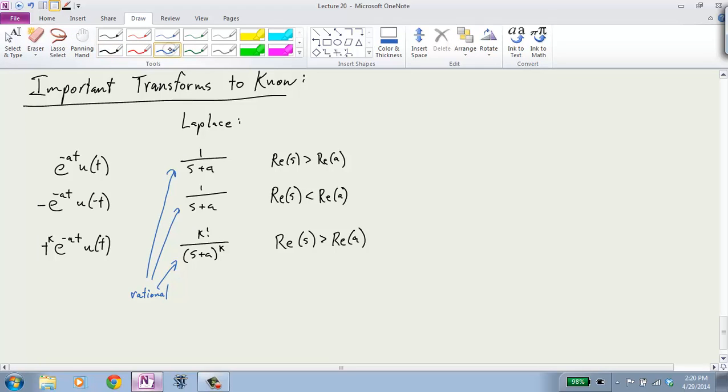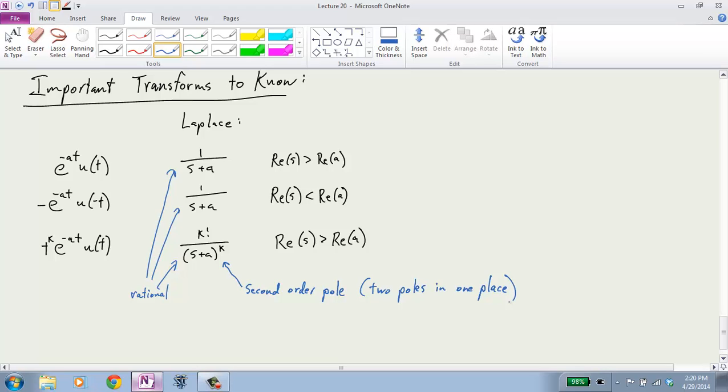Also notice that this one has a second order pole. By that I mean 2 poles in one place. So you can have multiple poles and zeros in the exact same location. And in a pole zero plot, you might put a number next to it to indicate how many.